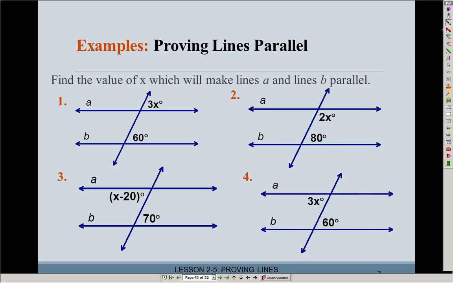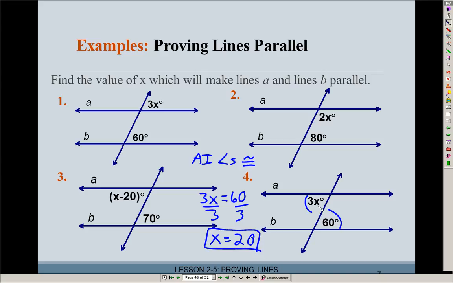This last one here, I have another pair of alternate interior angles, and when alternate interior angles are congruent, then the lines are parallel. So let's make these measures equal each other. 3x equals 60. Solve for x. We'll divide both sides by 3, and x is 20.